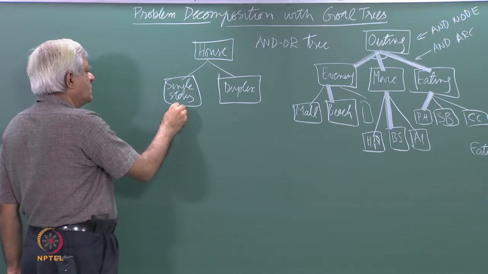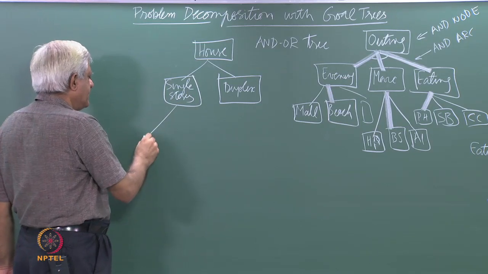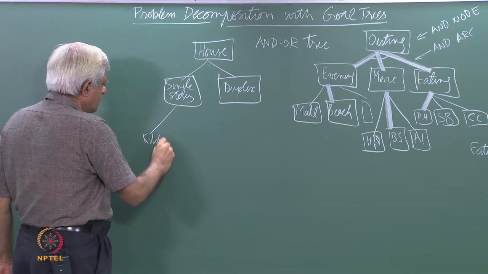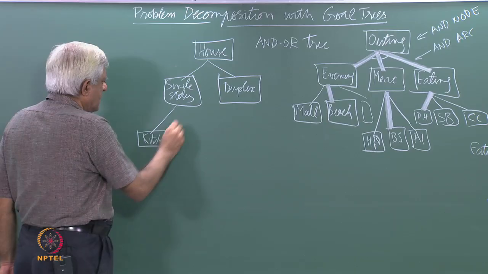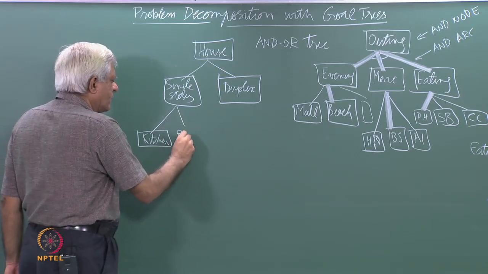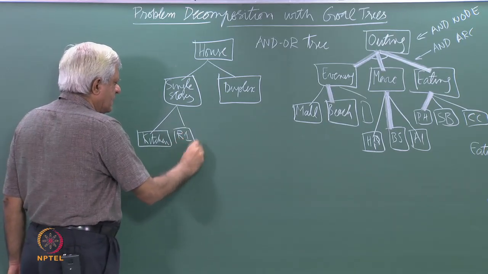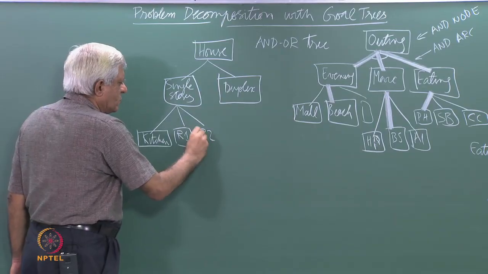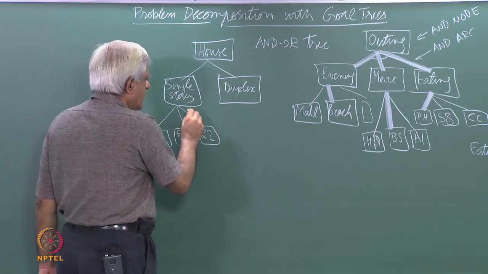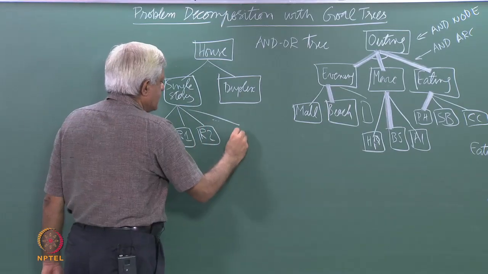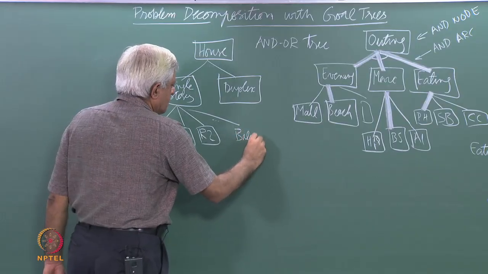Then a single story house may say that you have to make a kitchen followed by, let us say, room 1, R1, followed by R2 and so on, and let us say a balcony.